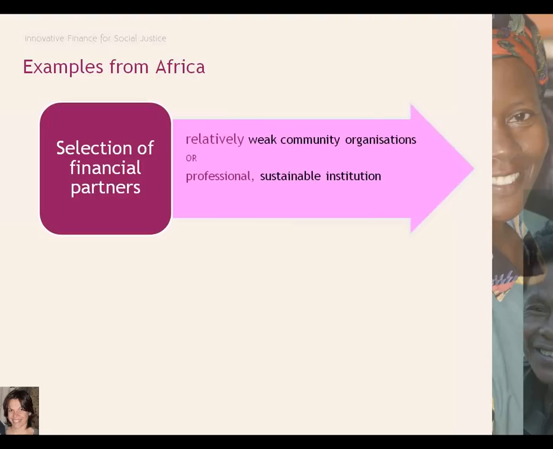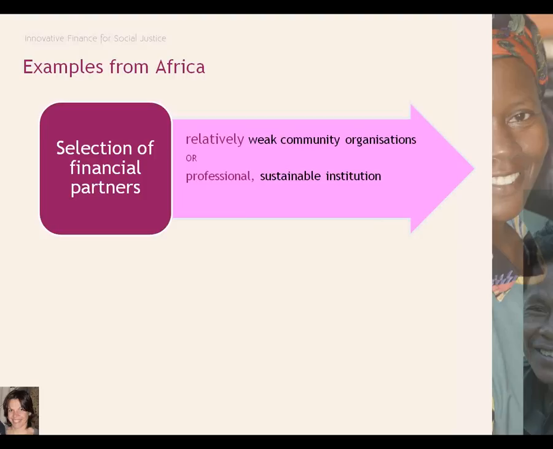So for example, sometimes we want to provide access to finance for the target group, but we also want at the same time to build community organizations. So we may want to work with a community organization that is not very professional, and that community organization will then lend to the target group, for example, youth.